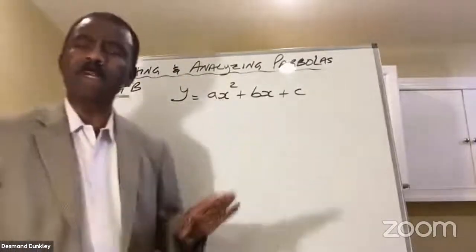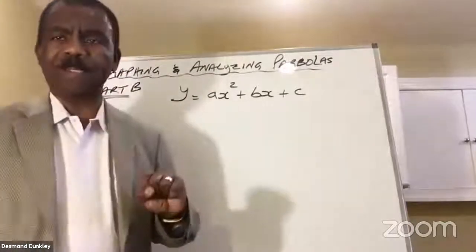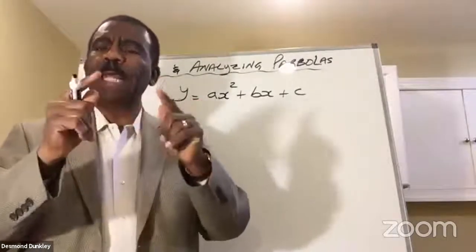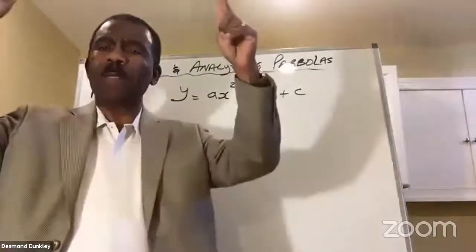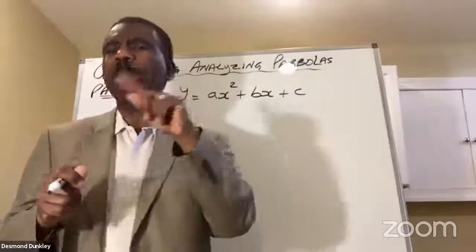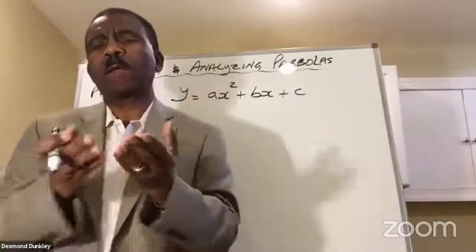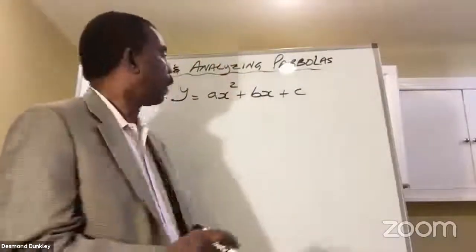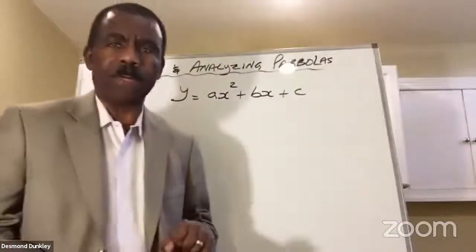And what we discovered is that if you graph this, you'll get a curve, a U that opens either upwards or downwards. And there are different ways to tell from the equation whether the graph is going to open up or open downwards. We'll get there gradually.